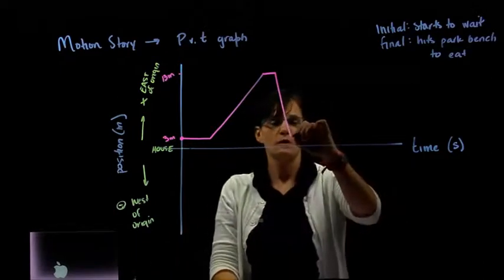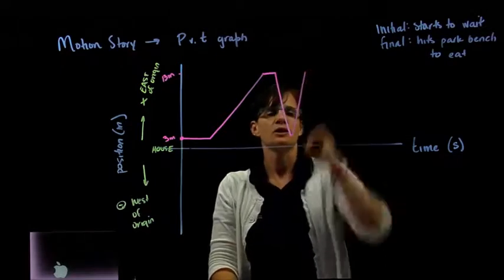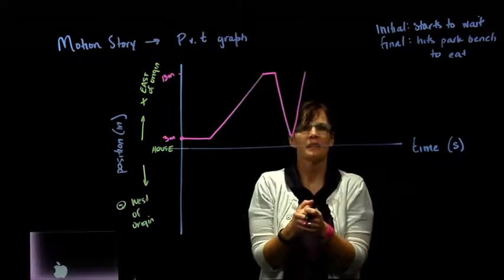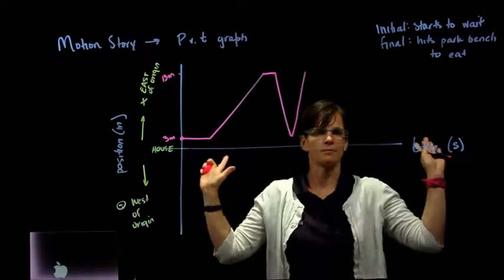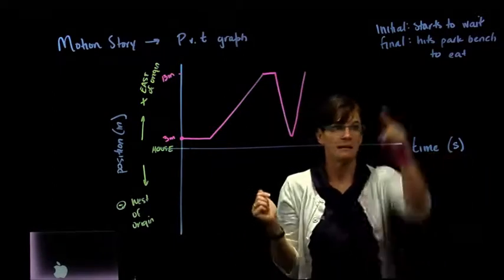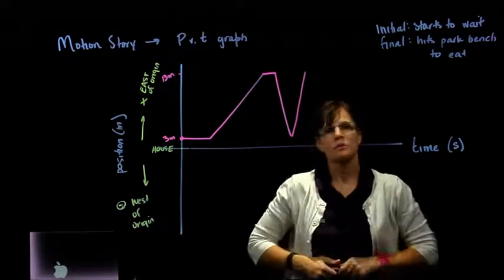So even though he's moving now to the right, the steepness of that slope should look the same. I'm trying to represent it as the same. And once he hits that park bench, I don't care anymore. We're done. What happens after that? I don't care about it. It hits the park bench. So this represents that motion story.